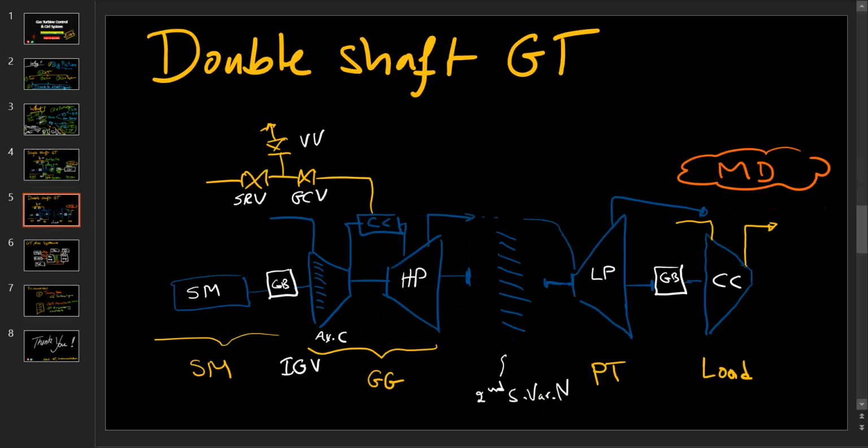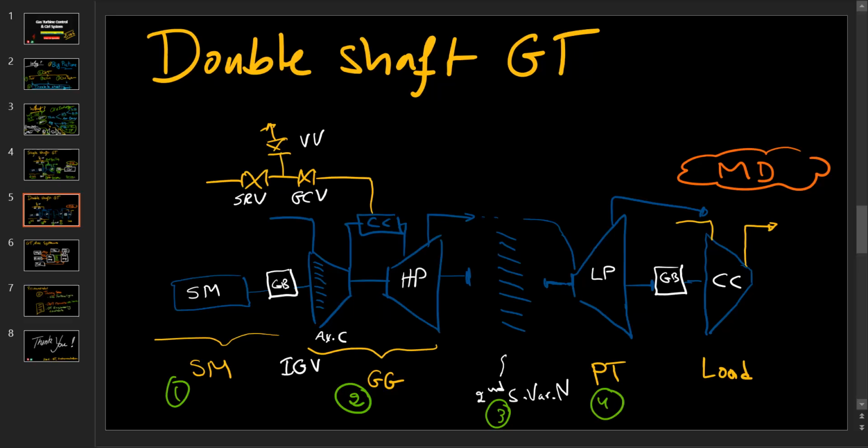Let's see the other application, which I explained in the first video. We can recognize the starting means, the GG, the gas generator, and now we can find another mechanism that drives what we called in the last video a power turbine.